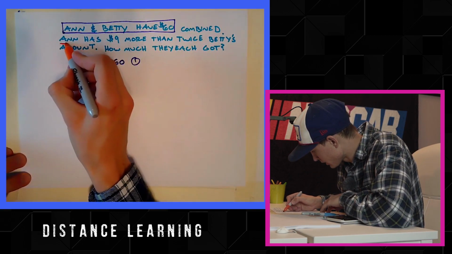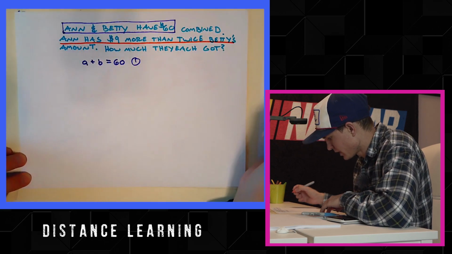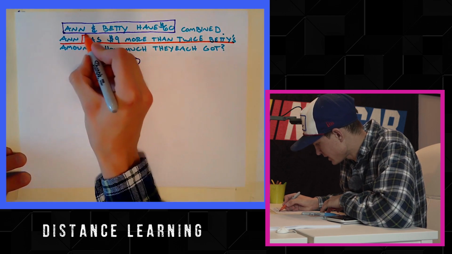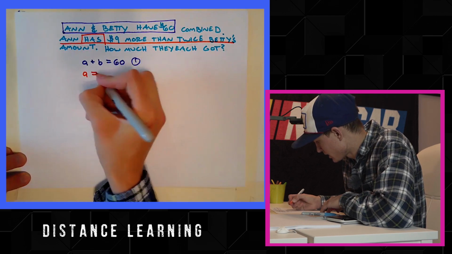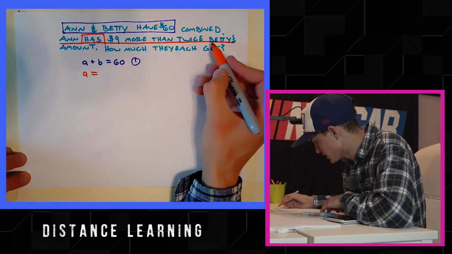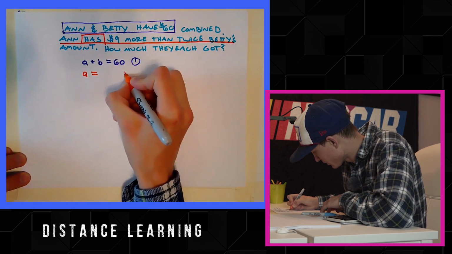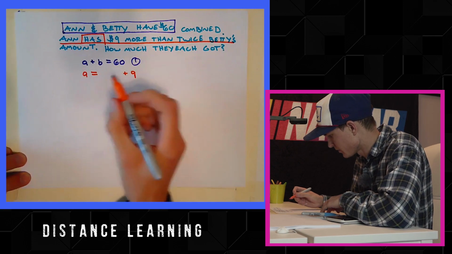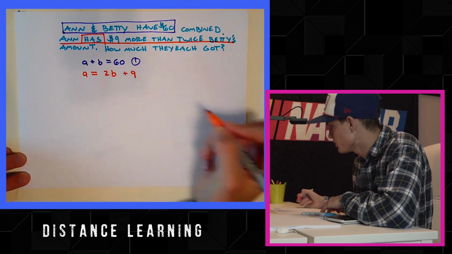Anne has 9 more than twice Betty. Has is your keyword for equals. 9 more means you're going to have something plus 9, not an A. 9 more than twice Betty. Well, twice Betty.